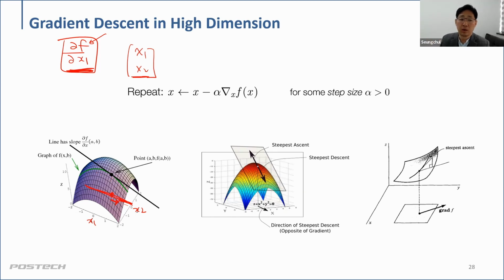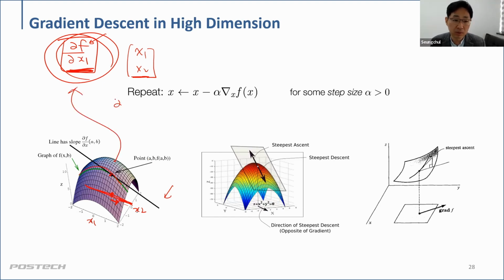So the physical meaning of this is that on the surface, I cut it in that way, and I get the intersection curve, and that's the slope, the tangential slope at this point. That's the physical meaning of this. What about x of 2? That means I fix x of 1, maybe in that direction. So probably this will be the curve, and the tangential slope will be like that.